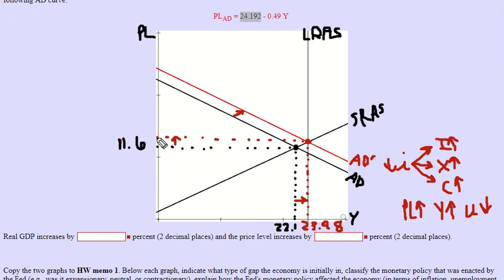Now in your homework, you're going to need to calculate the new price level. So all you do is you plug this 23.98 into here. That's all you do. 23.98 into that equation. We'll go ahead and do it in Excel.